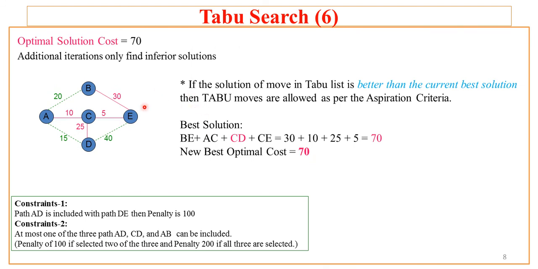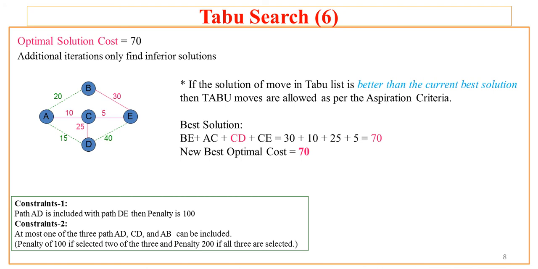So what we have seen in this exercise is that to get a minimum spanning tree with minimum cost along with the constraint, the solution we got is not the solution which we got in the case of traditional Prim's or Kruskal's, because Prim's and Kruskal's will not work with the constraint, whereas taboo search is able to work with the constraint.